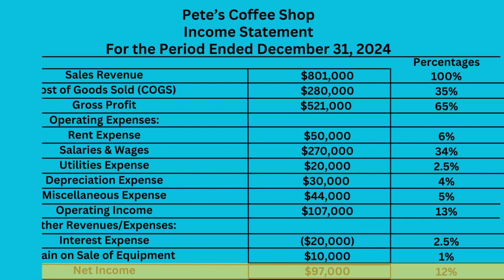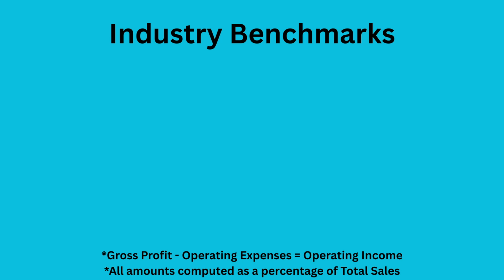So let's bring in the industry standards for brick and mortar coffee shops. Generally, coffee chains spend about 25 to 30% of their sales on cost of goods sold. This covers everything from coffee beans and milk to syrups and pastries. In other words, for every dollar that you bring in, around 25 to 30 cents goes towards the raw materials needed to create your products.